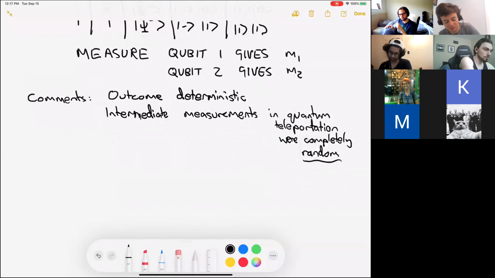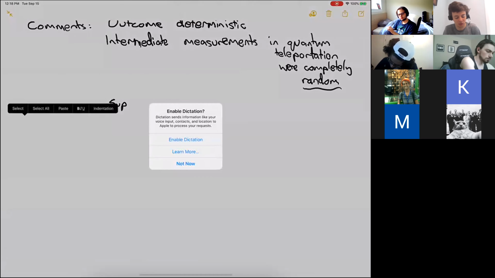Final comment is that in both cases, the entanglement was absolutely crucial.